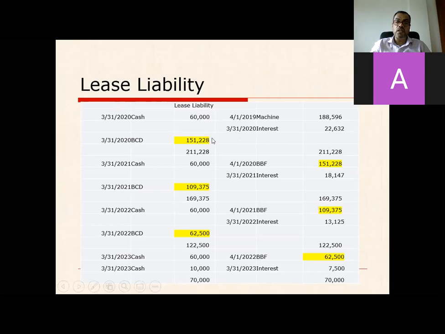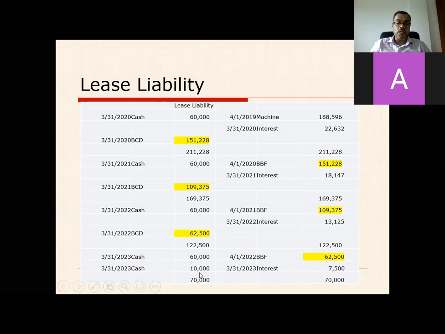The same procedure will continue over a period of 4 years in this case. So at the end, you would realize this is the last one, 31/3/2022, and the balance will be 0, because we use the implicit interest rate to recognize the interest. If that's the case, there can't be any balance once you make the final payment.